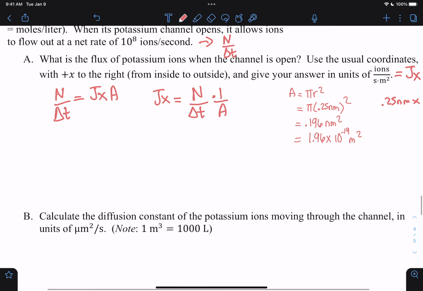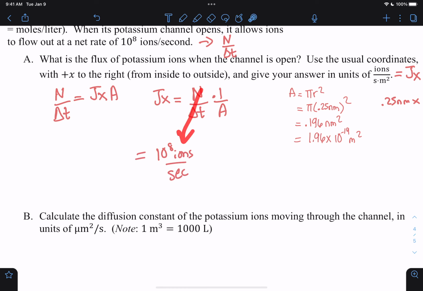But that's our area. So then we have 10 to the 8th ions per second, that's our flow here, multiplied by 1 over the area, which was just 1.96 times 10 to the negative 19 meters squared.